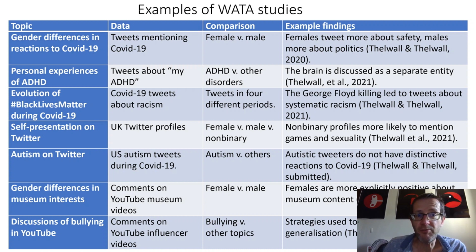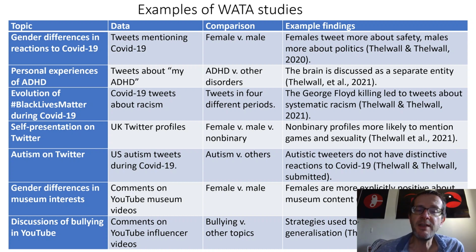Another example, self-presentation on Twitter, and the data for this is somewhat unusual. It's the profiles of UK Twitter users, so not their tweets, but their self-descriptions on Twitter. If you've got a Twitter account, then you might have entered a short bio, maybe with a few flags or icons in your bio.